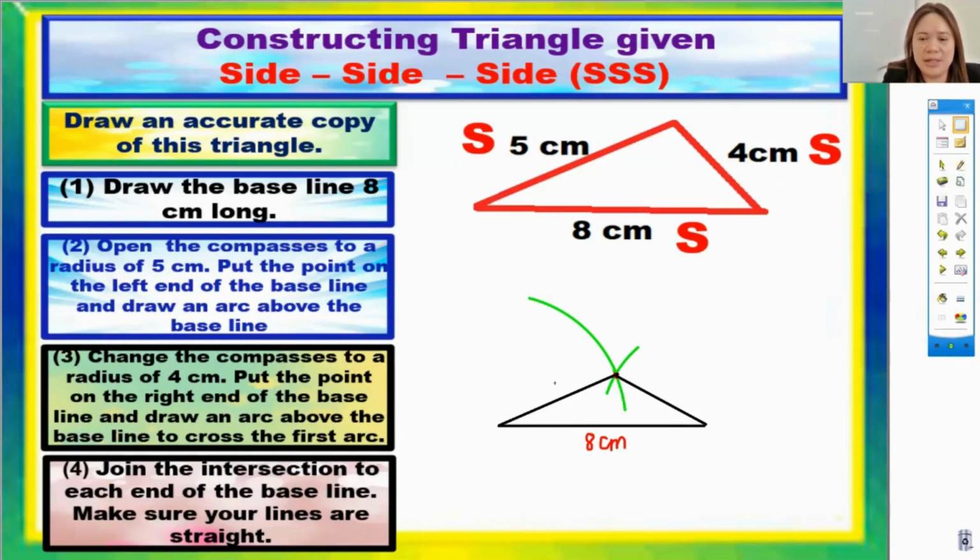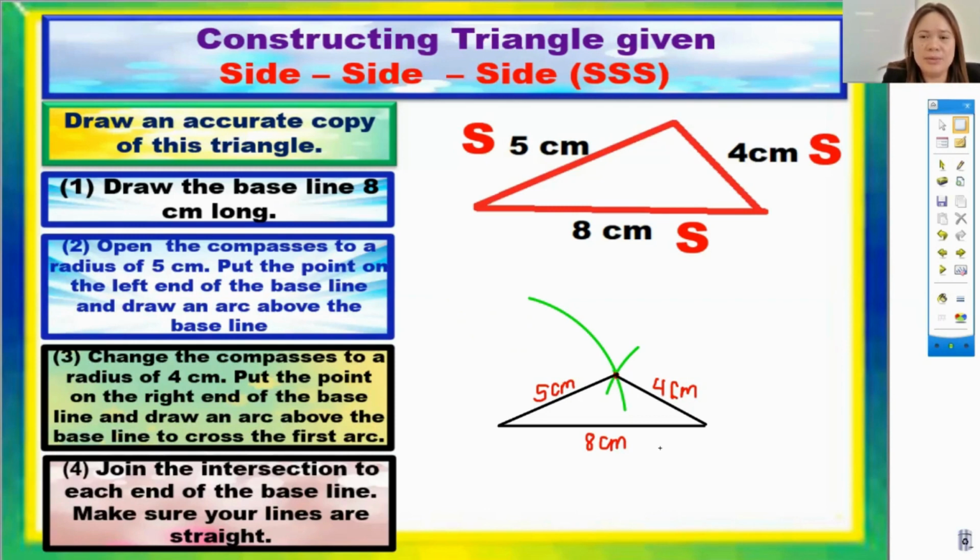All I need to do is to label. So this is now 5 centimeters. You can check with your ruler if you want to. We have measured the compass, remember, which is 5 centimeters. And we have also measured the compass here with the ruler, which is 4 centimeters. So again, the steps are very simple.